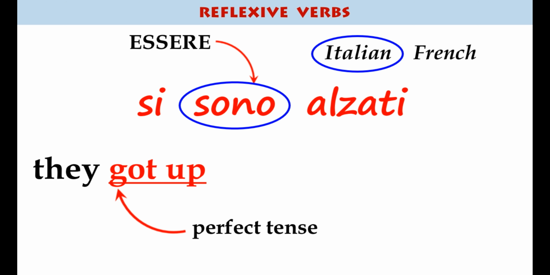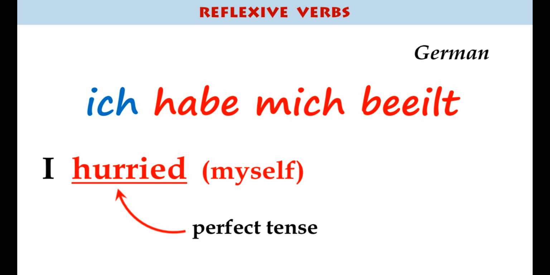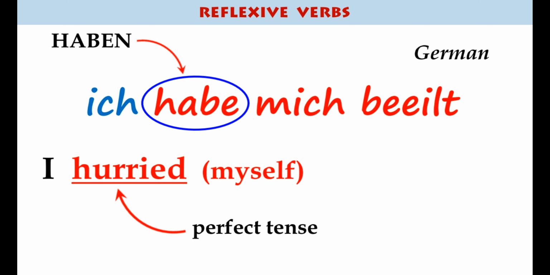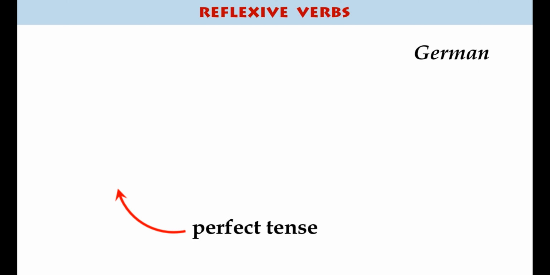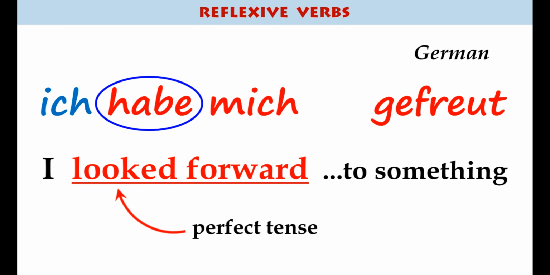They got up. In German, they don't. In German, they just use haben or have. So, I hurried myself. Ich habe mich beeilt. I looked forward to something. Ich habe mich auf etwas gefreut.